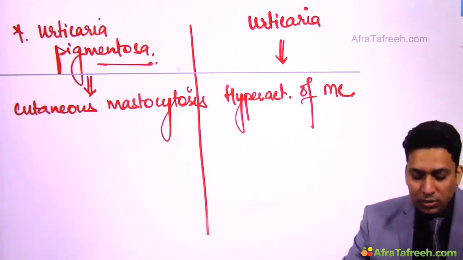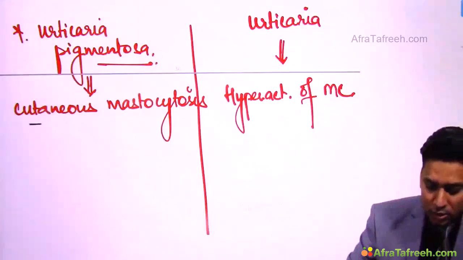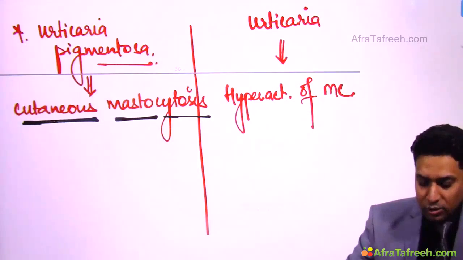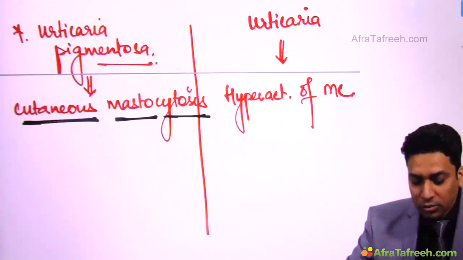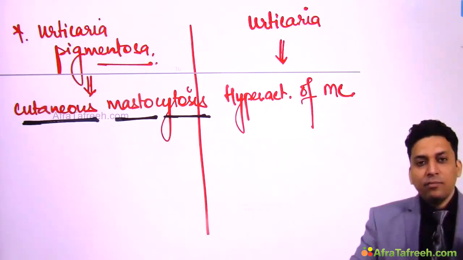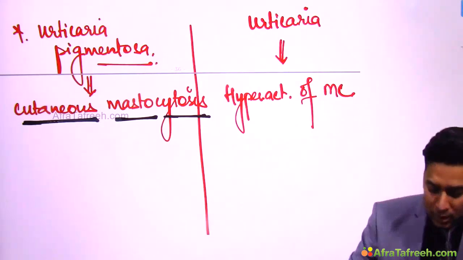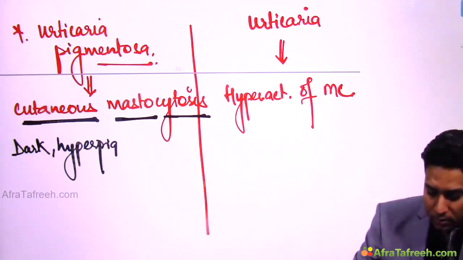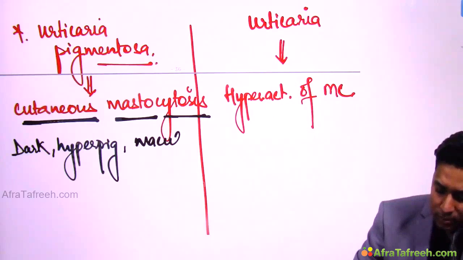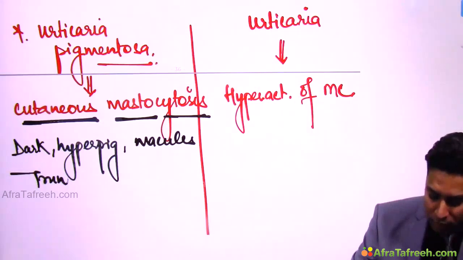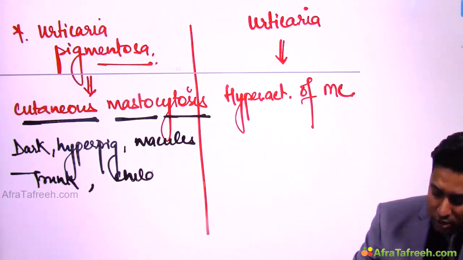Now what does this mean? Cutaneous mastocytosis: cutaneous means skin, masto is for mast cells, cytosis for excessive proliferation. So an excessive number of mast cells are present in the skin. When this happens, dark, that is hyperpigmented, generally small localized areas, so macules, usually develop over the trunk, and this condition is common in children.